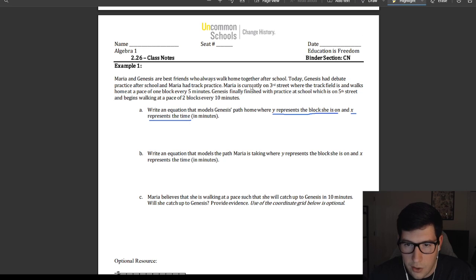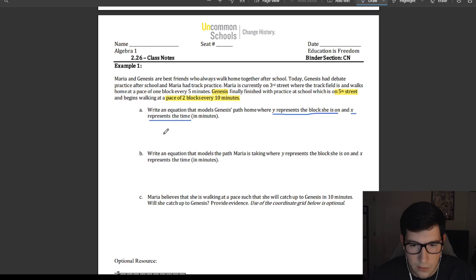And so when we're looking at Genesis, we're going to go through and highlight what information is important to her. So I have a lot about Maria here, but then here she is. She finished practice at school, and she's currently on 5th Street. And she walks at a pace of 2 blocks every 10 minutes. Well, okay. So I know that if I'm counting blocks and where she is, she's going 2 blocks every 10 minutes.